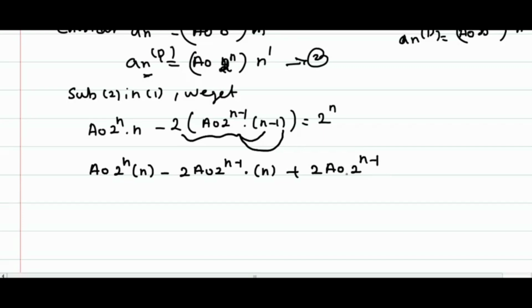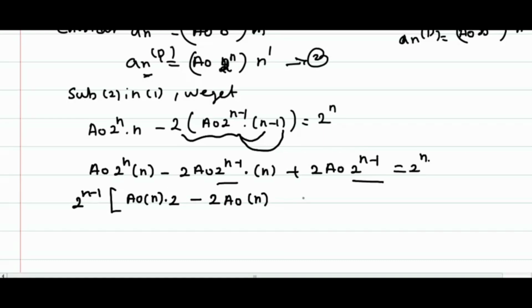Equal to 2 power n. Here you see the least term is 2^(n-1), right? So we take it outside. If we take 2^(n-1) outside, if the base is the same, we can add powers, and you get 2^n. Similarly, minus 2 into a_0 n, plus 2 into a_0 n.